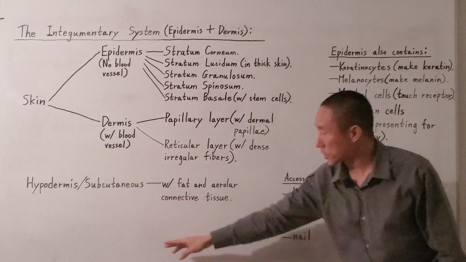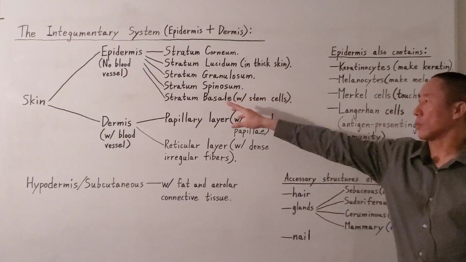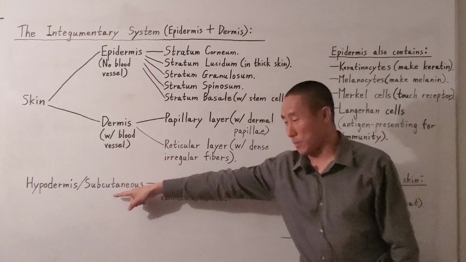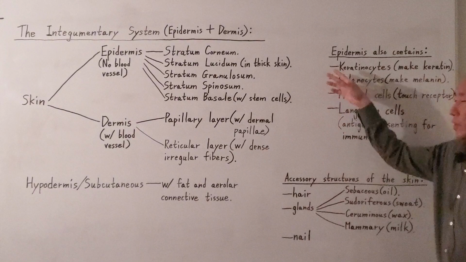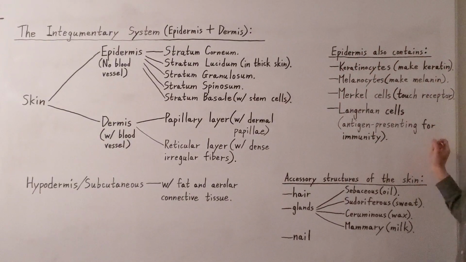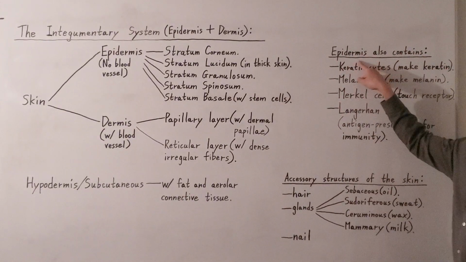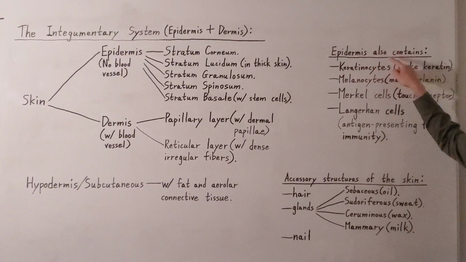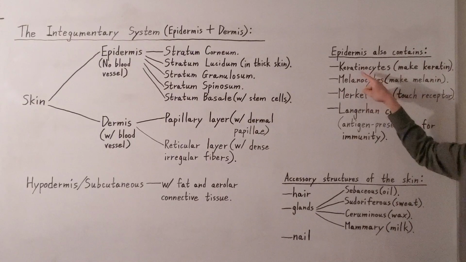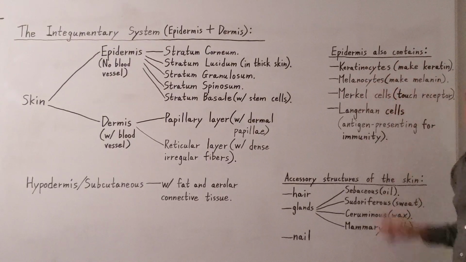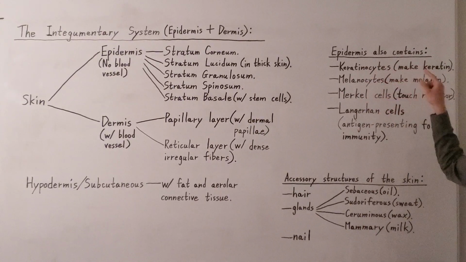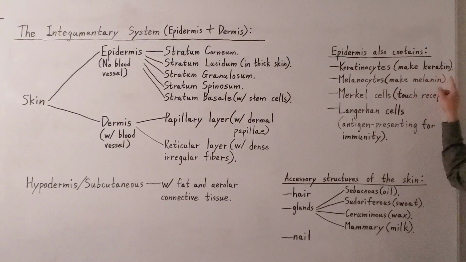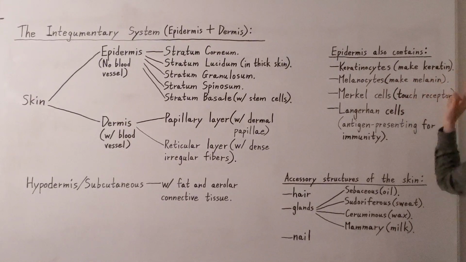After we talk about this layer of the skin and also below the skin, now let's talk about some of the cells that can be found in the epidermis. So the epidermis contains cells such as keratinocytes. Keratinocytes' job is to make a protein called keratin.